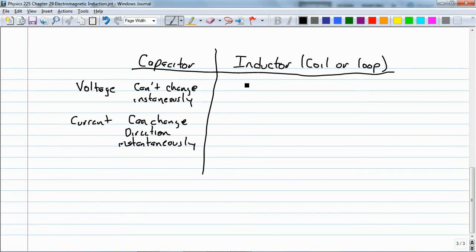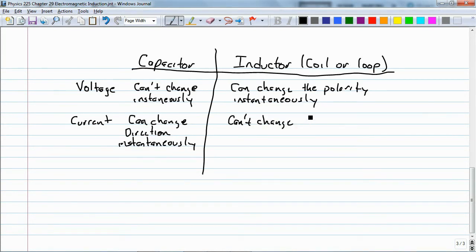For an inductor, it can change the polarity instantaneously, but it can't change the current instantaneously.